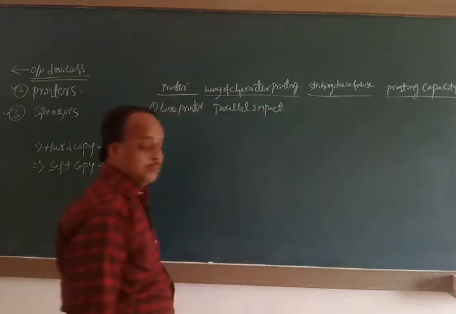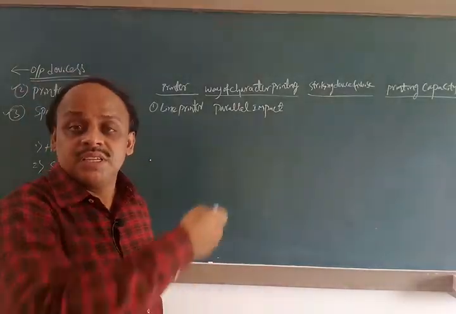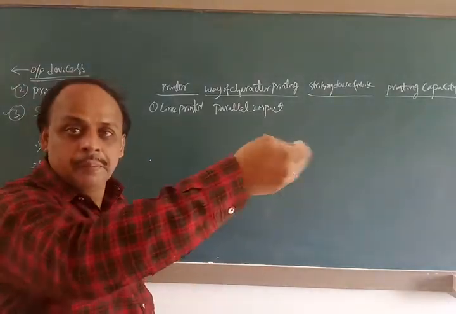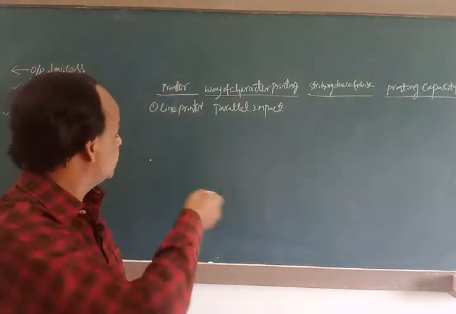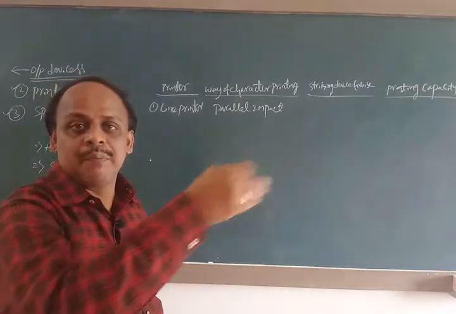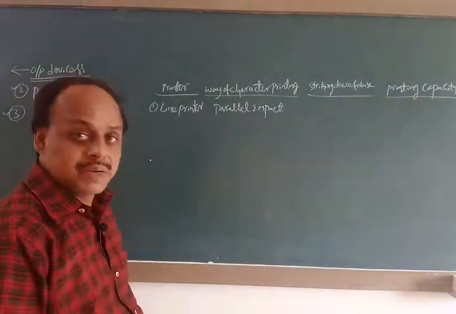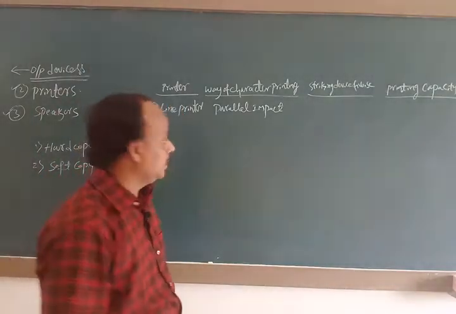Parallel impact means it works in parallel, so it is able to print multiple lines at a time. It is a type of impact printer, so that's why it is parallel impact.